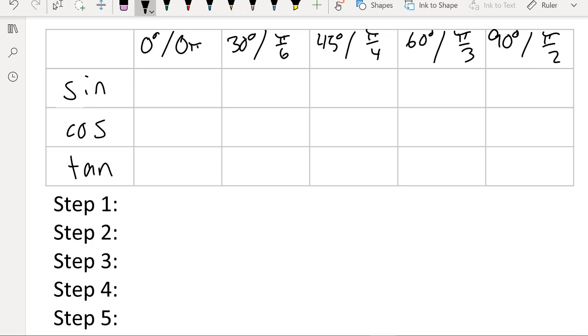But let's just jump right into the steps here on how to actually input the values in the chart. Okay, so we have it set up. We've got sine, cosine, tangent, 0, 30, 45, 60, 90 in degrees, and then, of course, the radian counterparts.